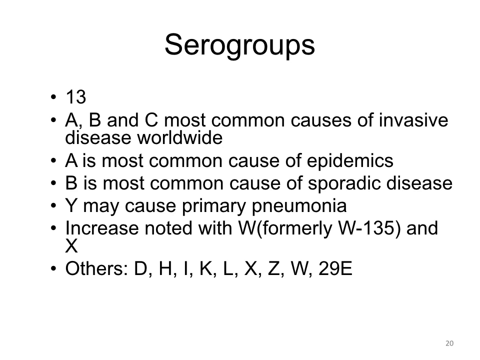Serogroup B is the most common cause of sporadic disease. Serogroup C can also cause epidemics. Serogroup Y may cause a primary pneumonia. There has been a recent increase with W. This was formerly called W135, as well as X. The other serogroups are listed down below.